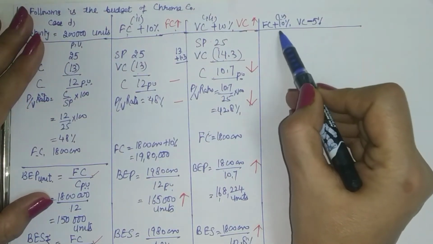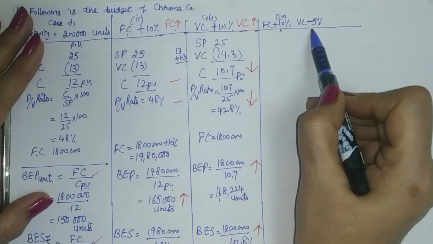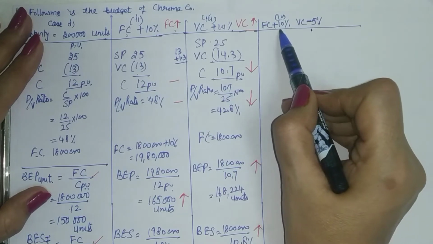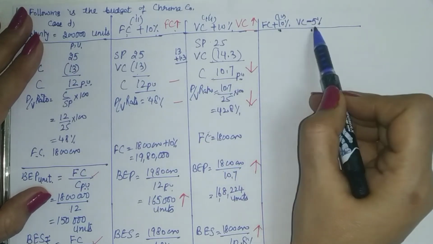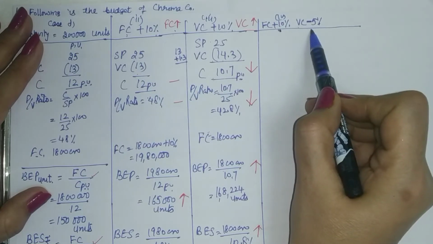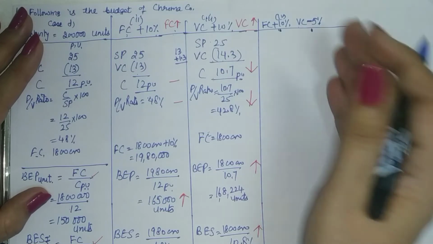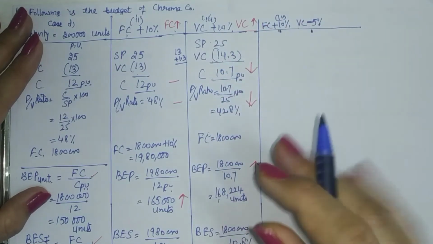If this increase is compensated by the decrease in variable cost, then we may remain the same. But if the increase is more, then break-even point will move up. If the increase is less and the reduction in cost is more, and it compensates the increase of the other component, then your break-even point will come down.